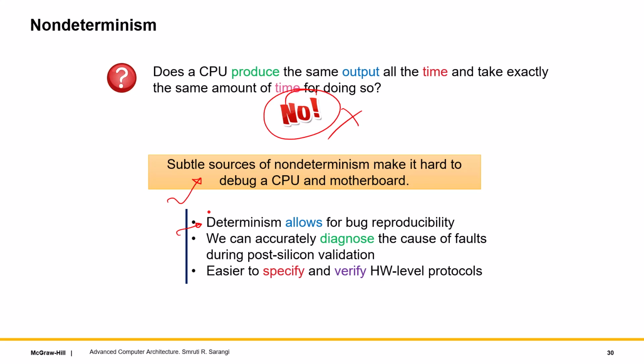So this is a problem, and many a time what happens is that if we want to reproduce an erroneous state, it's very hard to reproduce because the execution is not deterministic. And then there is a problem, right? If let's say we are running it on some sort of a test board, we will not be able to accurately diagnose the cause of the faults because we may see some problem.